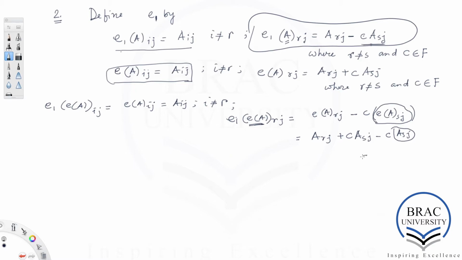So it follows, since E of Asj is equal to Asj, as s is not equal to r, and this formula holds, that this is simply Arj.